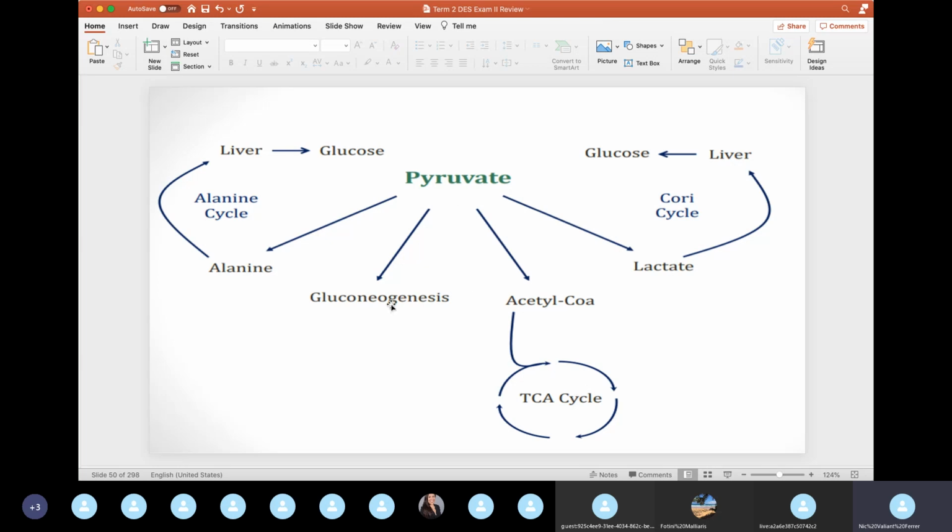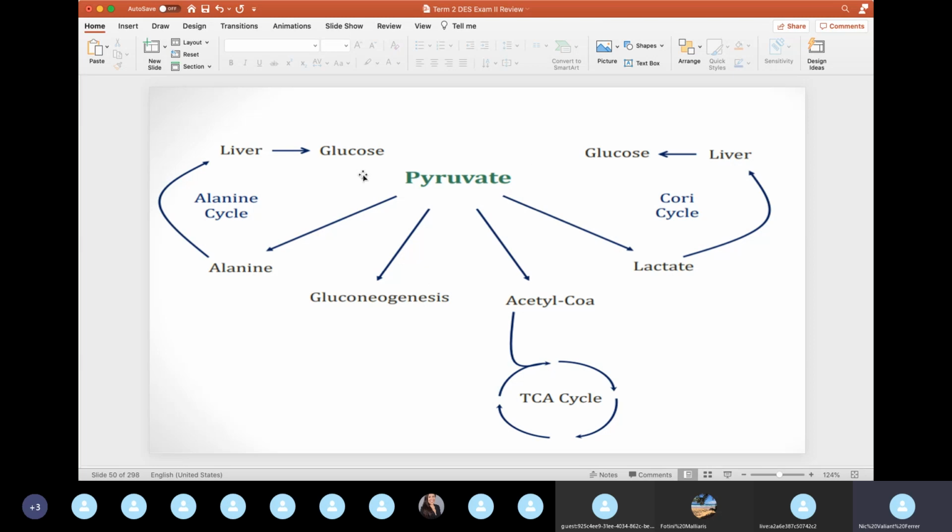Pyruvate can also undergo gluconeogenesis via pyruvate carboxylase, if we want fresh glucose for our body. Again, pyruvate can be converted to alanine via your aminotransferases. And alanine, as I've said, can be converted via the alanine cycle in the liver to make fresh glucose.